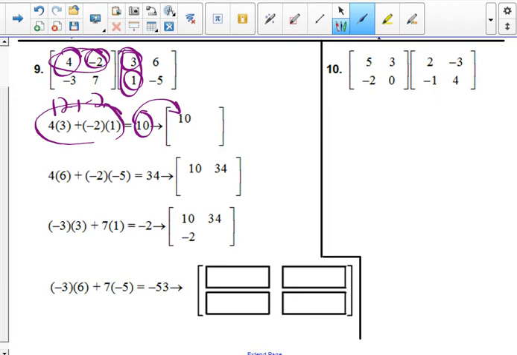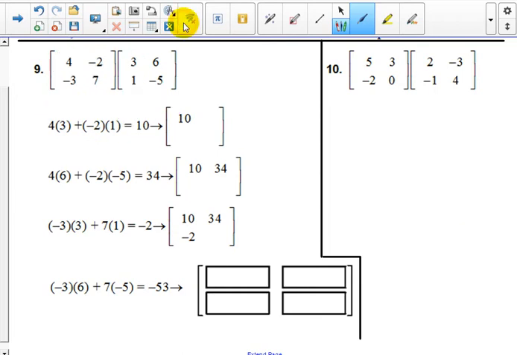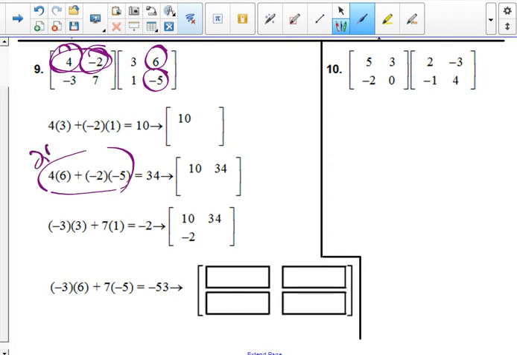So they're giving you the recipe here for the rest of these. Even if you didn't have your notes, for the test, you've got it right there. So just understand what they're doing. For the next step, we're going to go to the next column. So 4 times 6 plus negative 2 times negative 5. That's going to be 24 plus 10, which is equal to 34, and that goes in your second element.